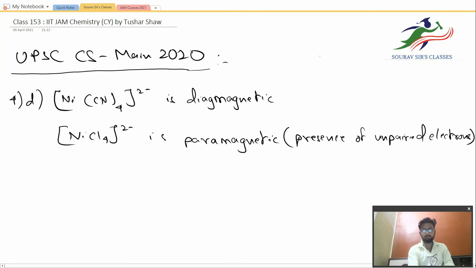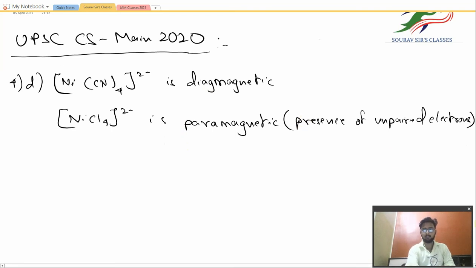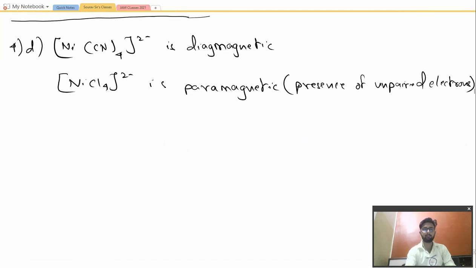Let us first write down how the structures are there and how these diamagnetic and paramagnetic differences are coming.